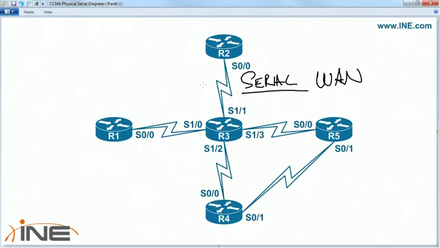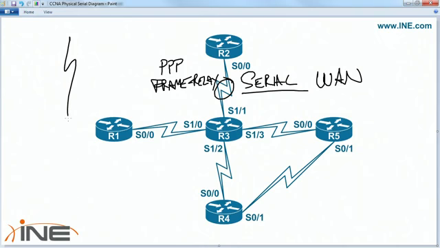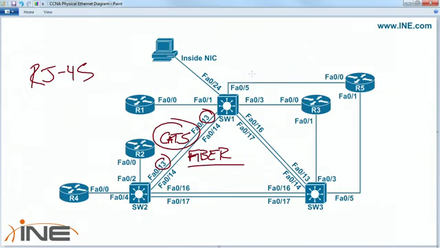So we'll talk about the properties of these, like what's the difference if I were to run the PPP protocol versus the Frame Relay protocol over these links. But that's what these lightning bolts look like in the diagram. Typically that's used to denote a serial link, where the ones that are just lines, most of the time are going to be talking about Ethernet.